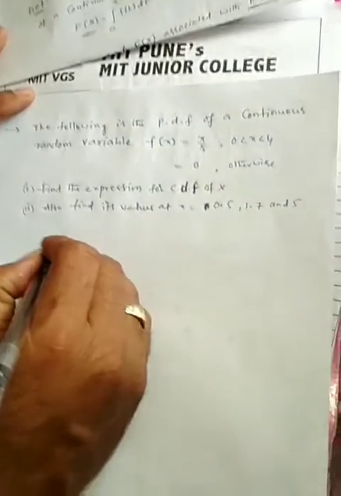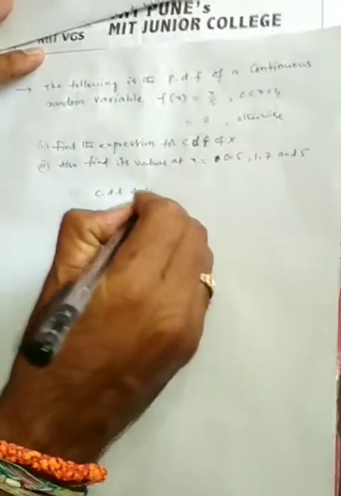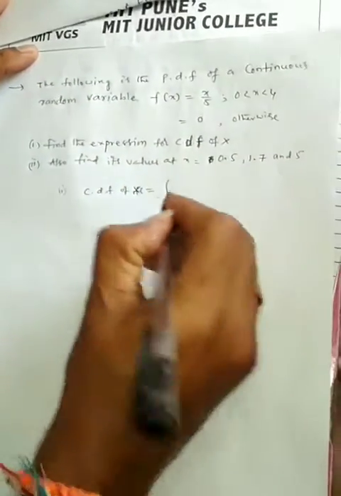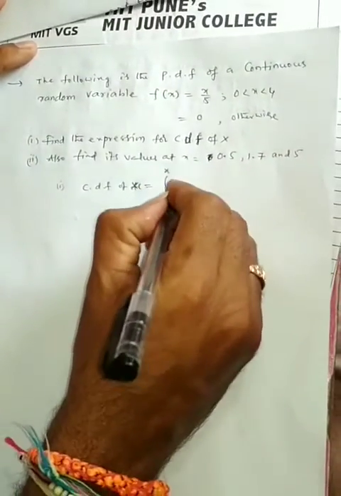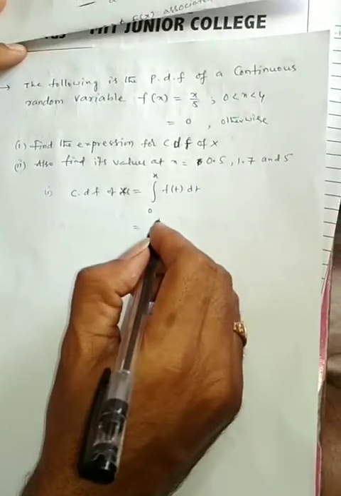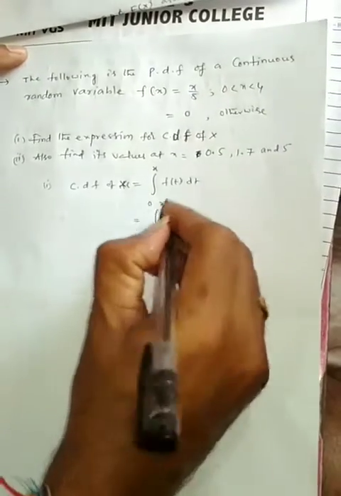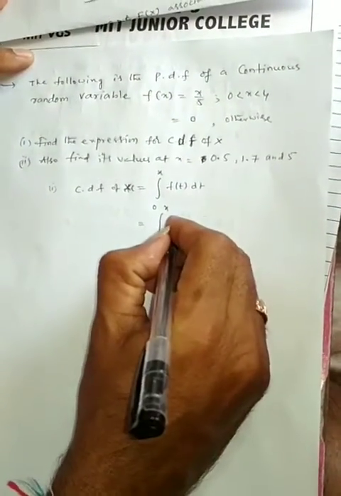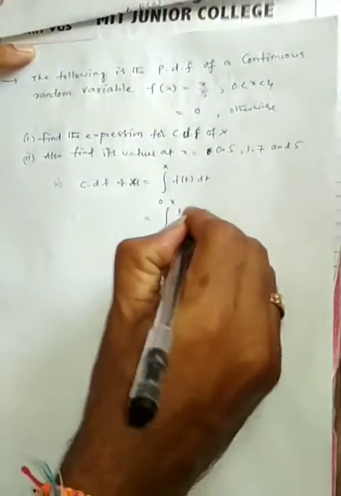Therefore, the CDF F(x) is equal to the integral with lower limit 0 and upper limit x of f(t) dt. This is equal to the integral from 0 to x of t by 8 dt.